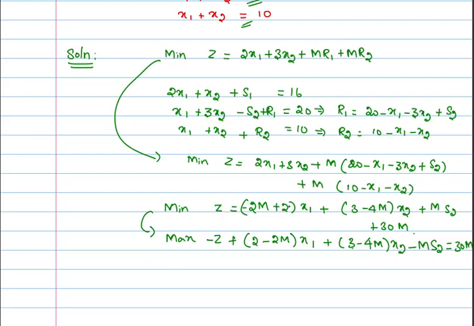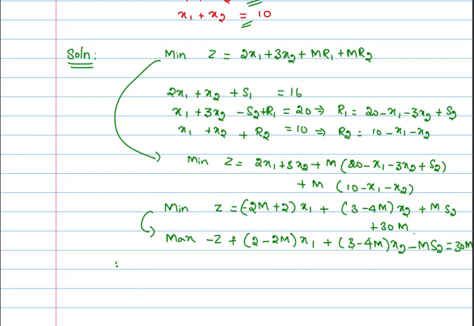So minus z. If you take the equation, the left hand side becomes 2 minus 2M, with a minus sign coming, so I multiply by the minus again and it becomes plus. This way we get this one.